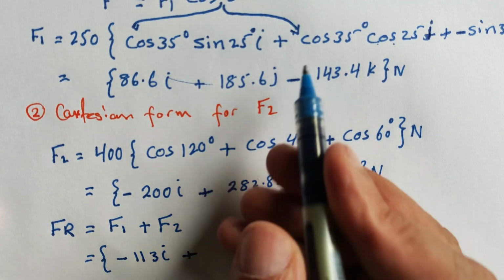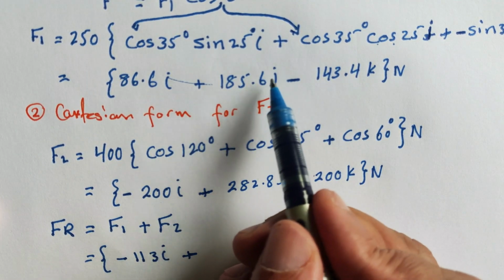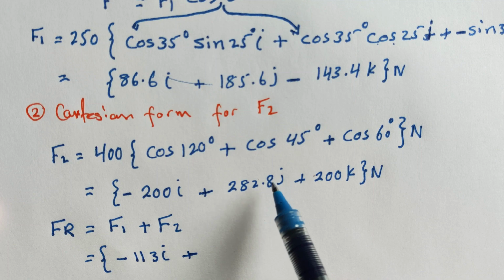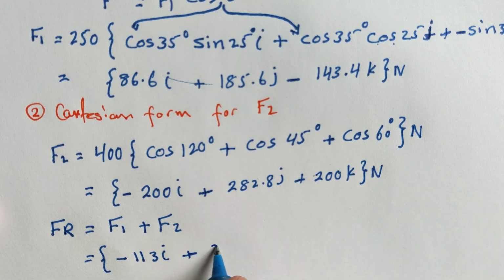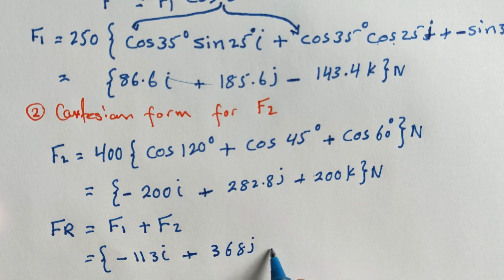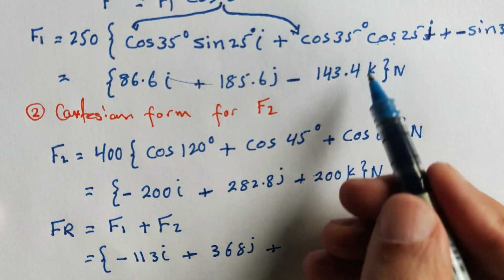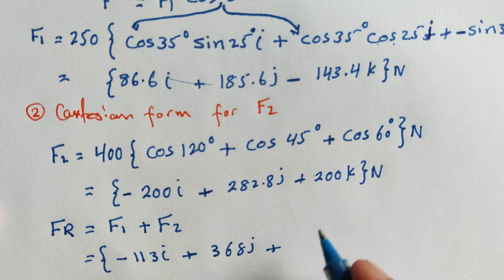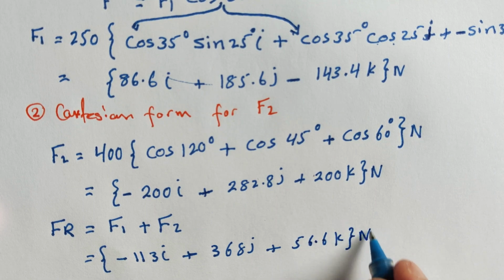Do the same thing for the j components, 185.6 plus 282.8, and that will result in 368 j. Do the same thing for the k component, add both of them together, 200 minus 143, and that will result in 56.6 k. Of course, this is in Newtons.